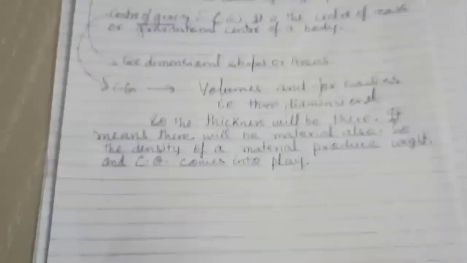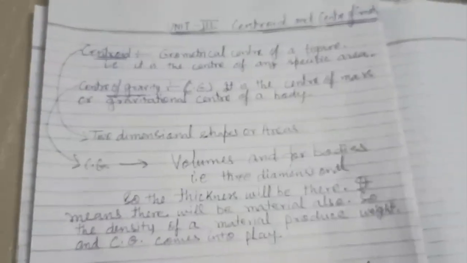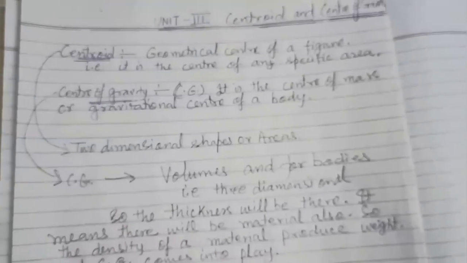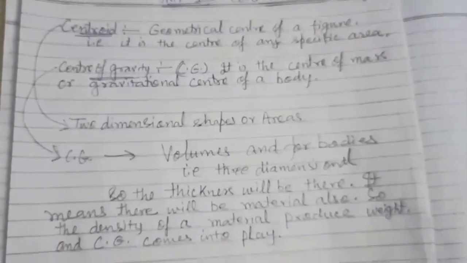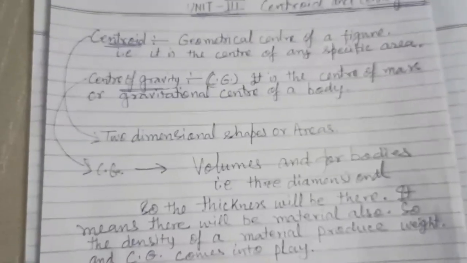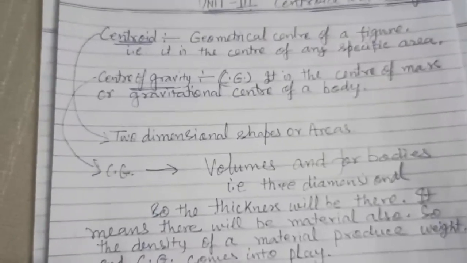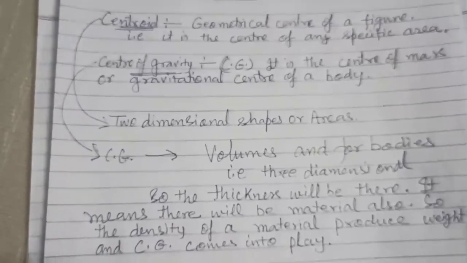So the main difference in the centroid and center of gravity is that centroid is only for the two-dimensional shapes and figures, while center of gravity is for three-dimensional bodies and for volumes.